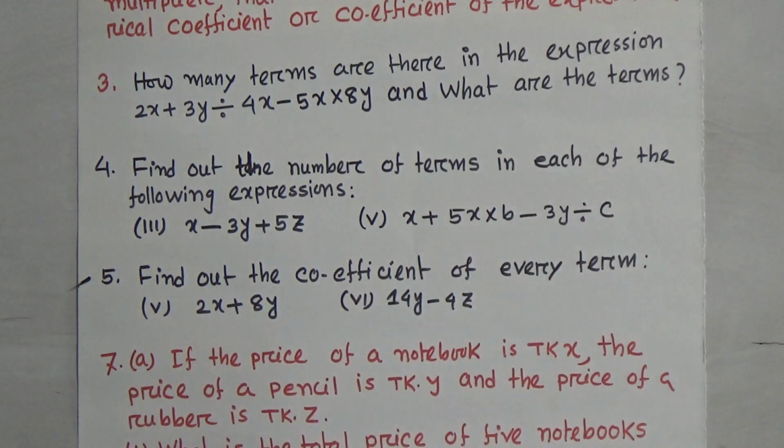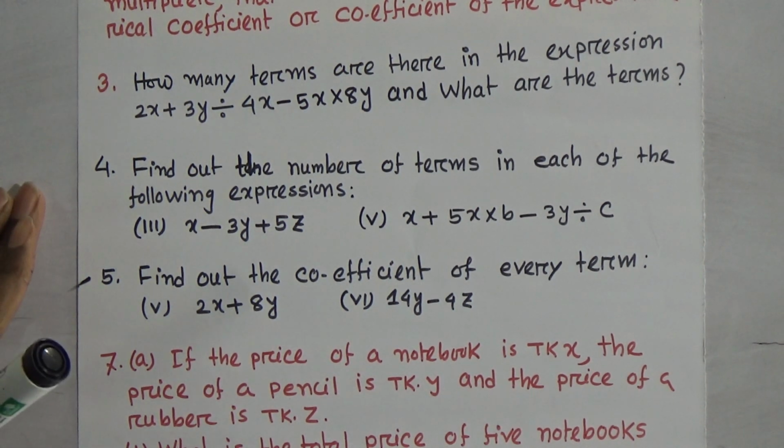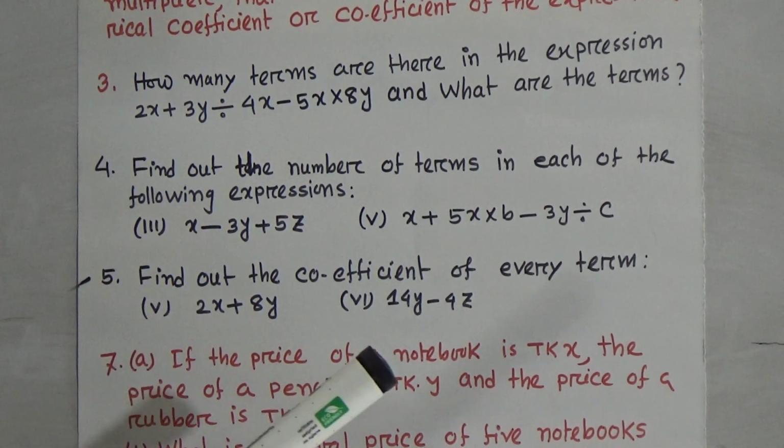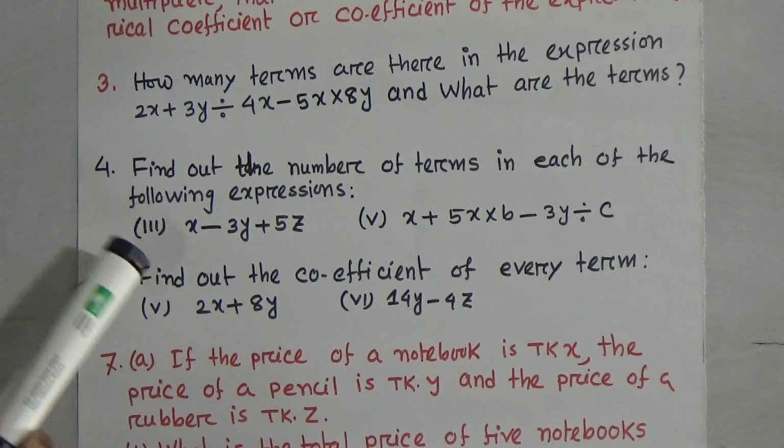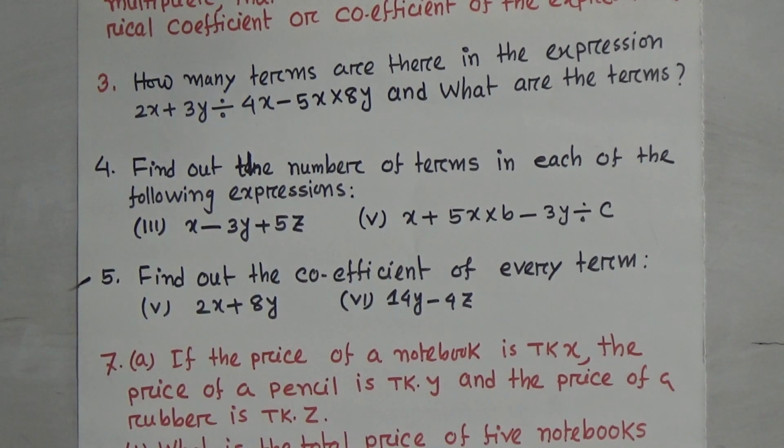Okay, student, at first I discussed coefficient because identifying it is so much easier than the number of terms. The identification of the number of terms is a little bit difficult. So I have solved question number 3 next. For this reason I have selected here 3 examples: question number 3, 4 and 5. Okay, student, I hope you understood.